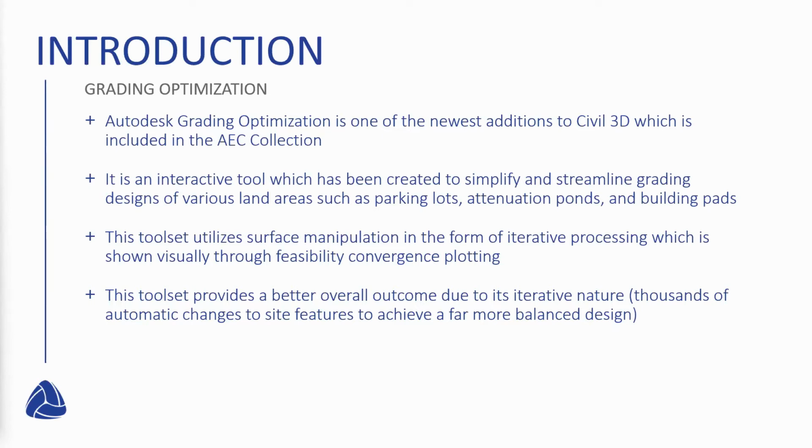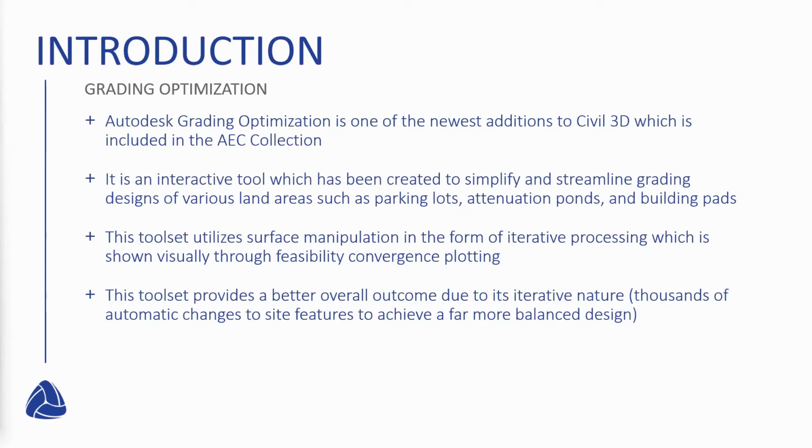How the software works is that it utilizes surface manipulation. You would, for example, have a survey in your drawing, and you would then have these footprints of your site and your building pads and so forth drawn out. What grading optimization does is that it manipulates these surfaces by using iterative processing.